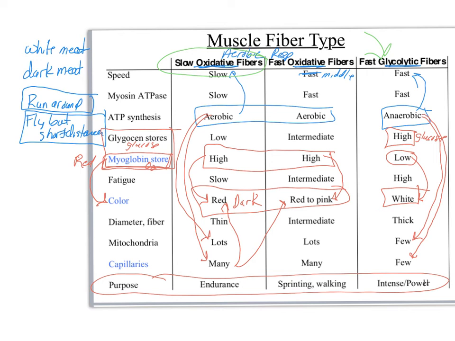I mean, they paddle a little bit, but they're not having to do high endurance walking like turkeys are. So ducks have dark meat on their chest because they need to be doing aerobic respiration as they fly south. And they also have dark meat on their legs because they're just paddling around the water and they're not sprinting anywhere. All right, let's look at the next slide.